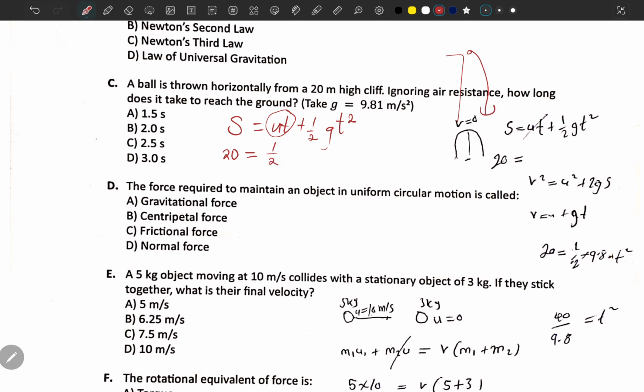So we just have the half, 9.81, then t, we don't know, squared. So this means 20 equals that. Of course, when you divide, you get 4.9 something.